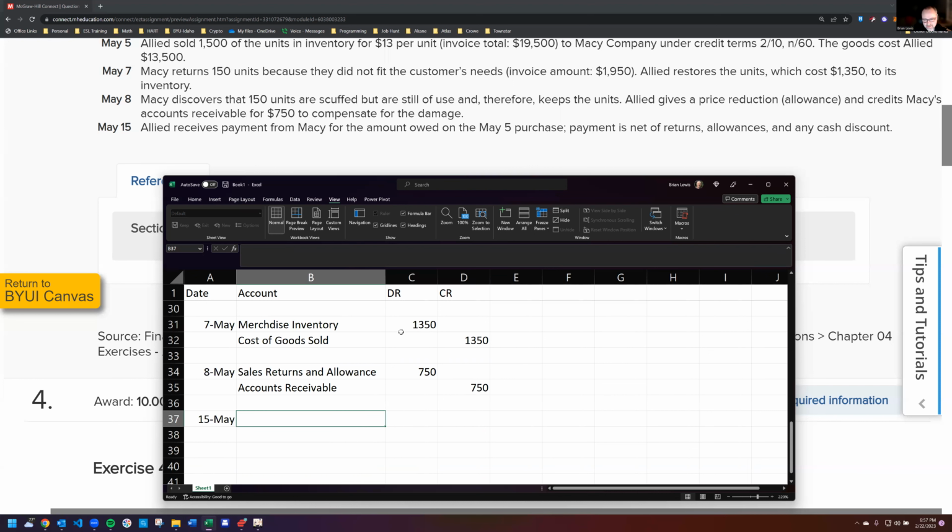So we know that they're going to get cash. We know that there's going to be a sales discount. And we also know that there's going to be an accounts receivable account. That's impacted, those three: cash, sales discounts, and accounts receivable.